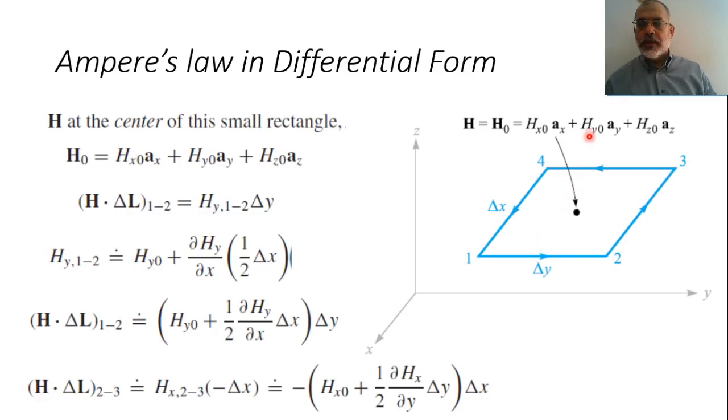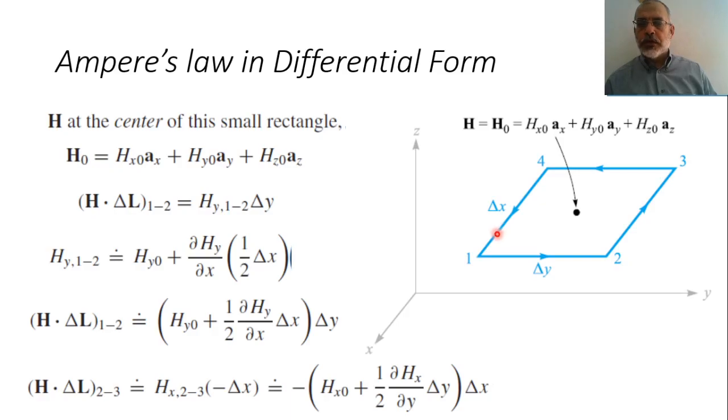So the magnetic field along the path 1 to 2, by using Taylor series, can be obtained as the magnetic field at the center, Hy0, plus the derivative of Hy with respect to x multiplied by delta x over 2.